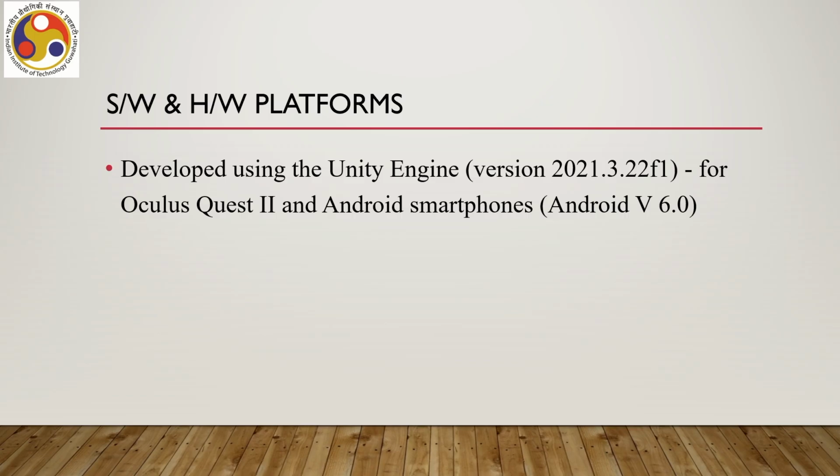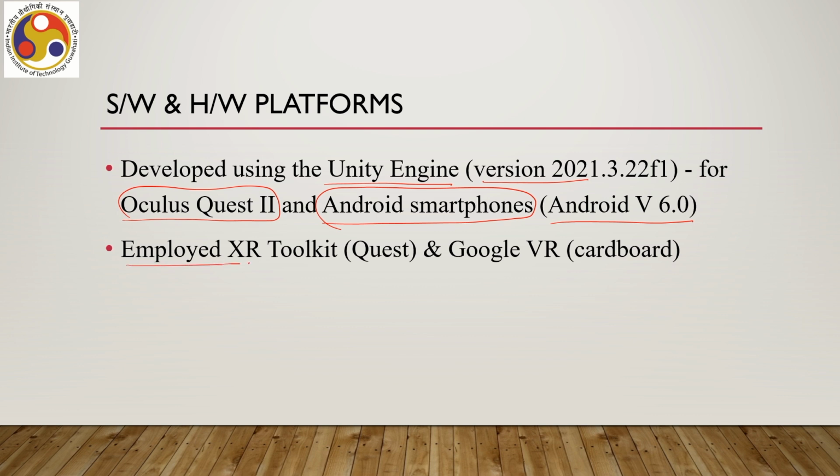So, the tour was developed using the Unity engine, the XR engine Unity version 2021.3.22 F1. It was developed for the Oculus Quest 2 platform and also Android smartphones, where we used an older version of Android, version 6.